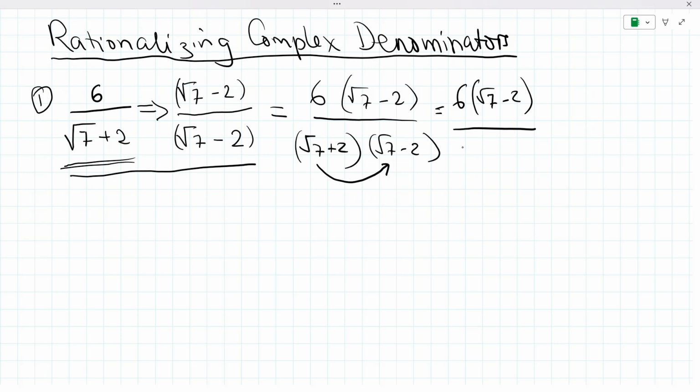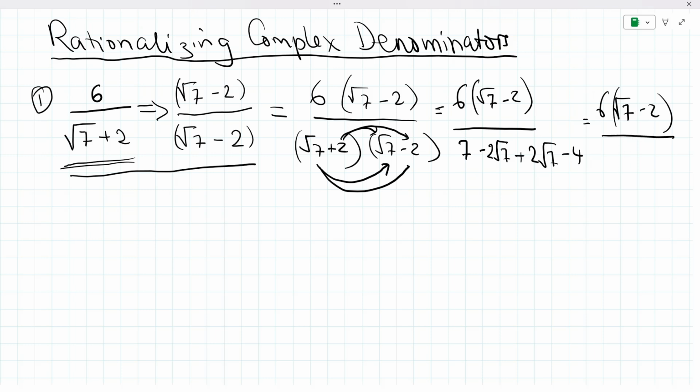root 7 by root 7 will give us 7. Root 7 multiplied by negative 2 will give us minus 2 root 7. And then 2 times root 7 will give us positive 2 root 7. And then 2 times negative 2 will give us minus 4. So in the end, we will have 6 root 7 minus 2 divided by minus 2 root 7 plus 2 root 7 will cancel out.